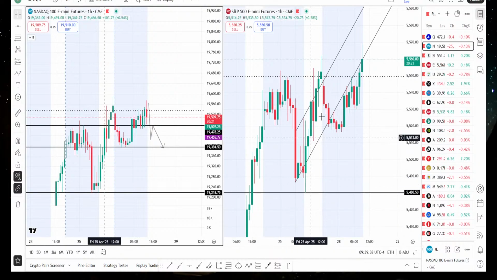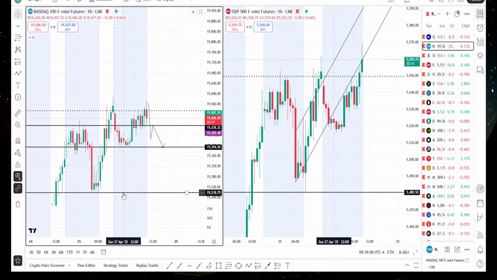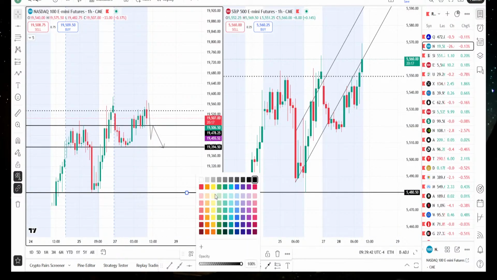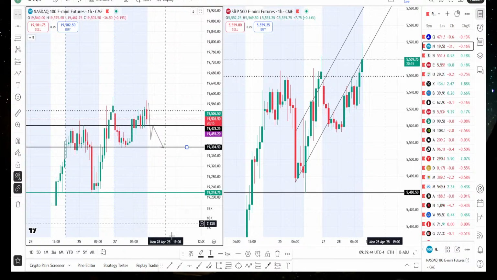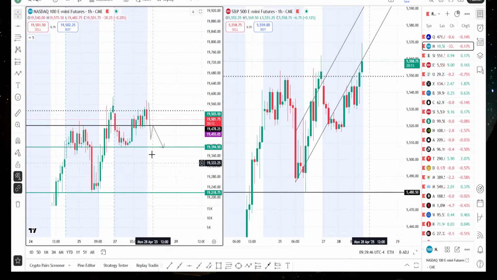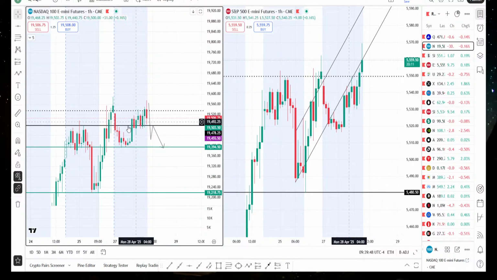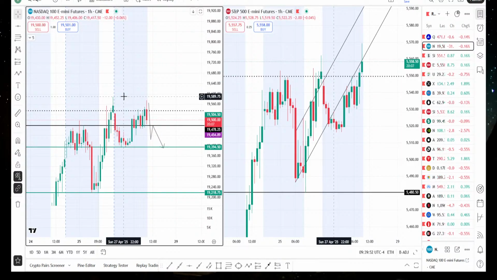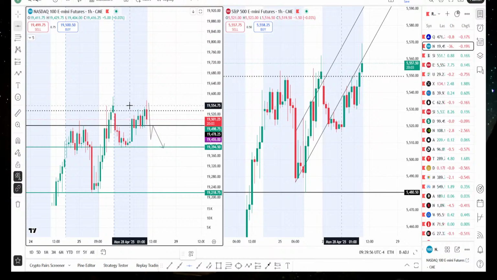Let's mark resistance as well. So I'm gonna do this very quick. And this is previous area of resistance. Let's mark this one.